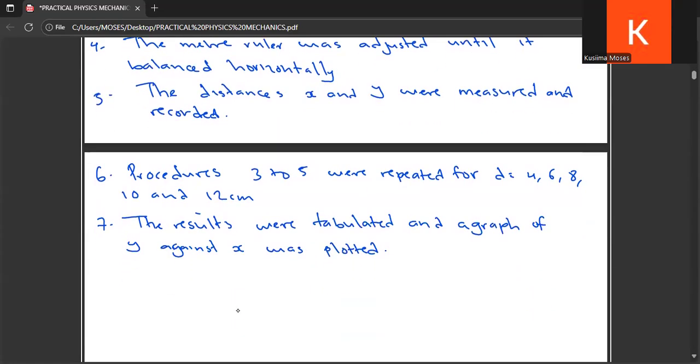So after plotting the graph, we shall say the slope S of the graph was calculated.